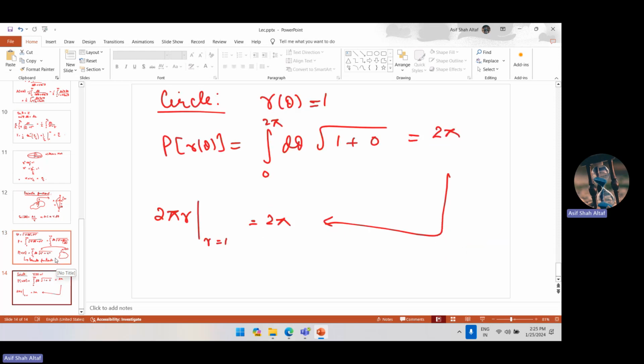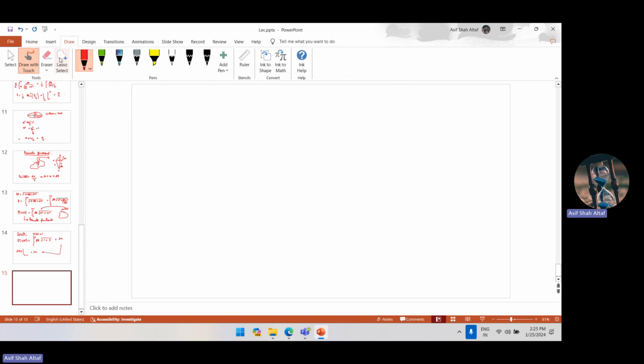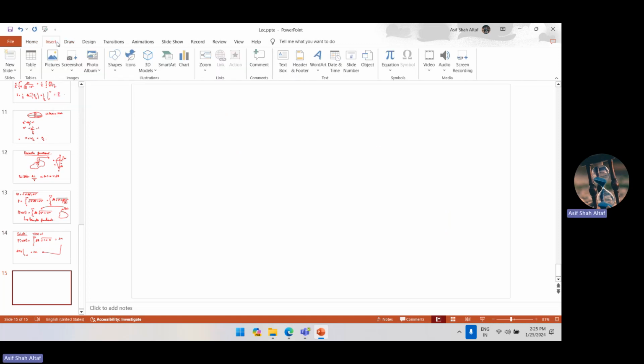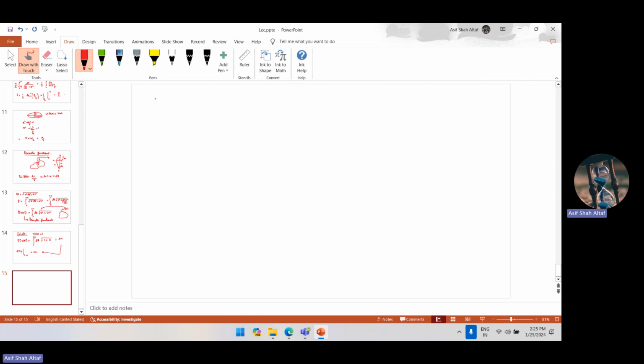Now let's move further ahead. Let's see if I can introduce some examples. Now let's try to look more into these functionals. If you see these two functionals, you have this area functional, which is given as the integral from 0 to 2 pi of r square by 2 d theta, right?